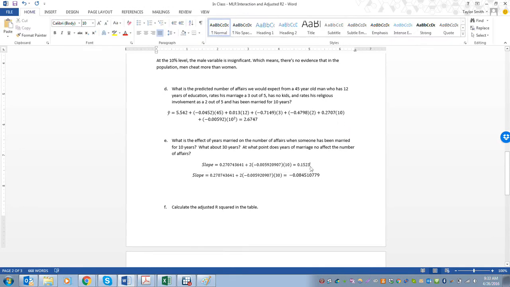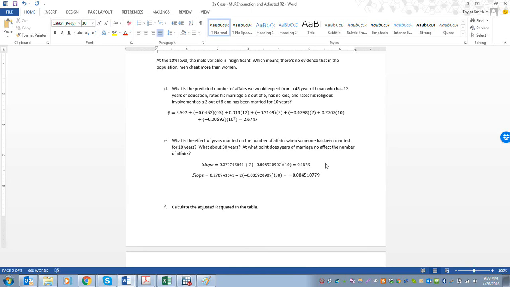Looking at this, what does this mean? Well, this means someone who is married for 10 years and then gets another year of marriage, moving up to 11 years, we would expect to have slightly more affairs, 0.1523 affairs more than the people who have 10 years. So going from 10 to 11 years, on average, increases the number of affairs.